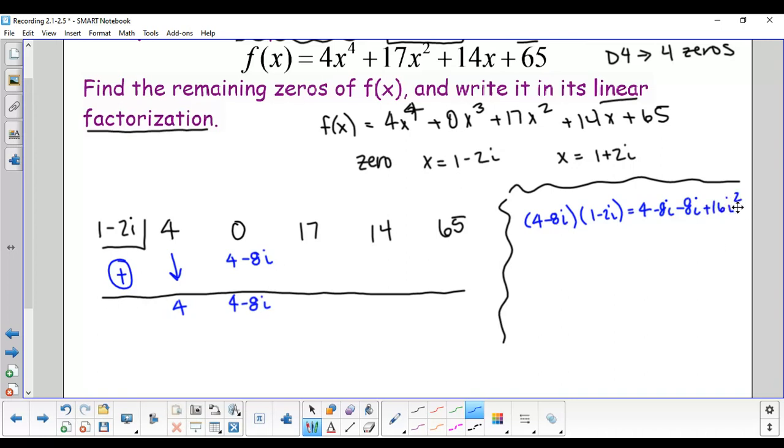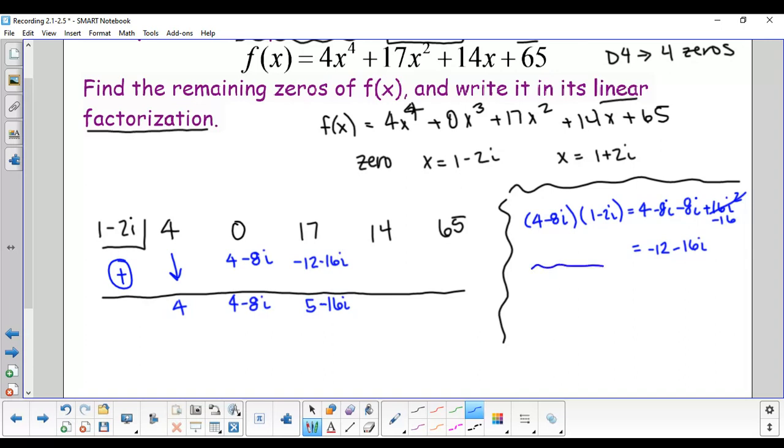Now recall, an i squared makes that term negative, so really this is like saying minus 16. Combining my like terms, I have 4 minus 16, which is negative 12, and negative 8i and negative 8i, which is negative 16i. I'm going to go ahead and put that under the 17, so I have negative 12 minus 16i. I'm going to combine the real parts, so that gives me 5, there is no imaginary, minus 16i.